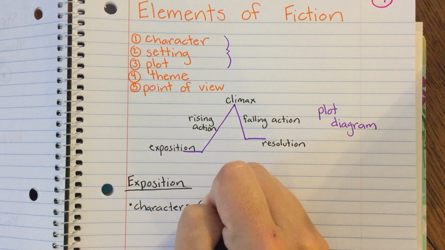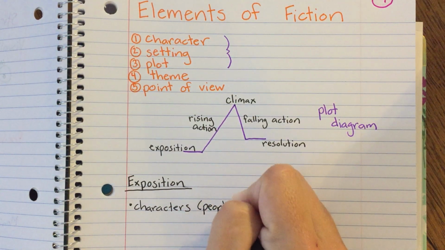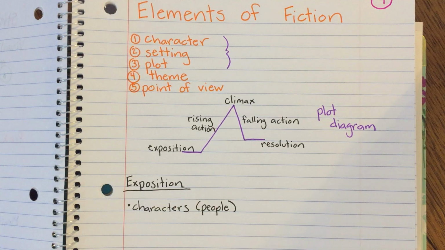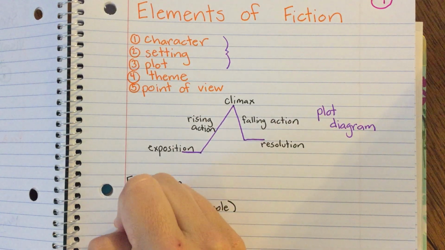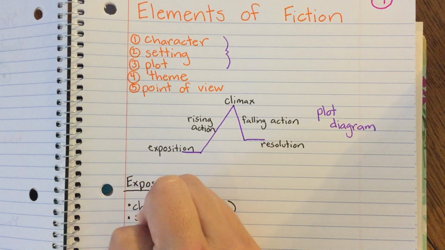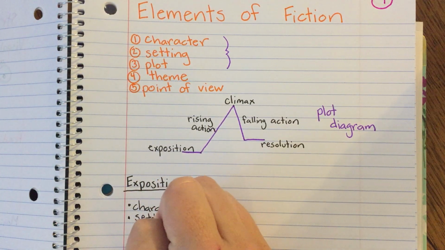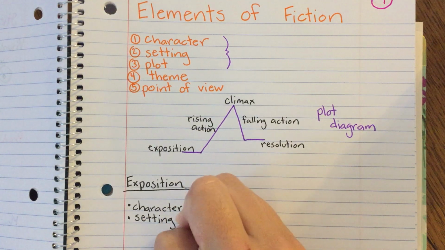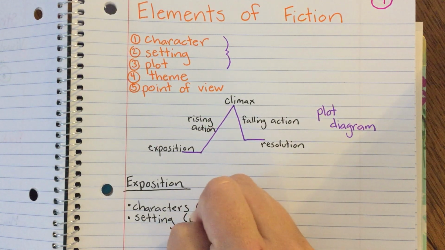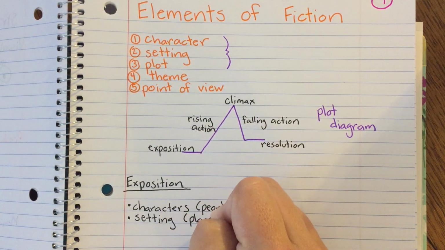So our people, or depending on the story, right, they could be animals, plants. But the idea is that those are the characters in the story. We have our setting. So the places that the story is happening in.